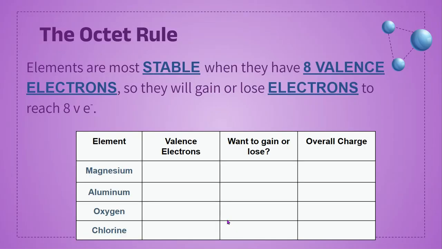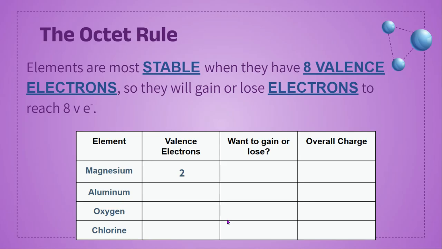For example, remember you should have written on your periodic table above each group how many valence electrons every atom in that group has. If you look at your periodic table and you see magnesium, element number 12, magnesium is in group 2, so it's got 2 valence electrons. Atoms are going to want to give away their electrons.